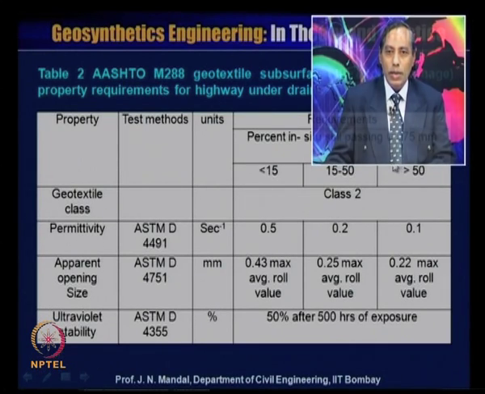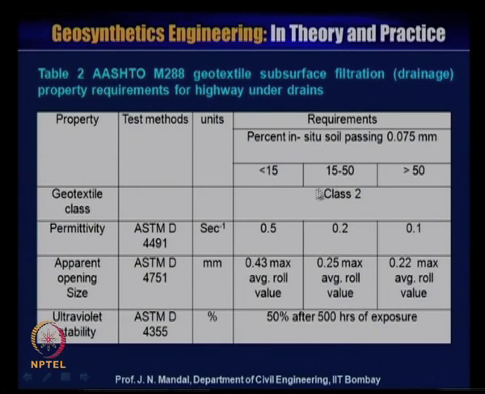Next is what will be the permittivity, apparent opening size, and the ultraviolet stability. As this is greater than 50, because 65% is greater than 50, permittivity is 0.1 per second, and the apparent opening size 0.22 maximum average roll value, and ultraviolet stability ASTM D4355, that is 50% after 500 hours of exposure.